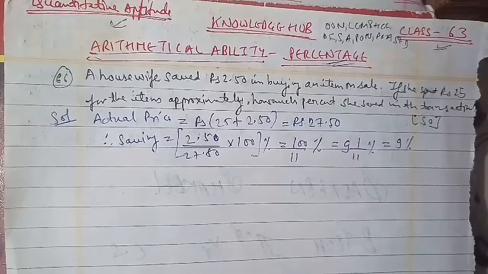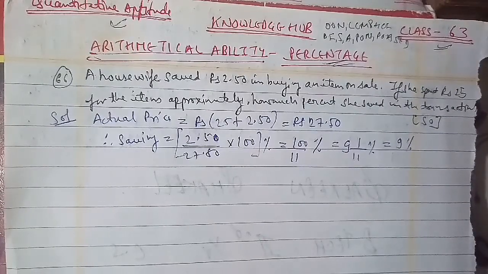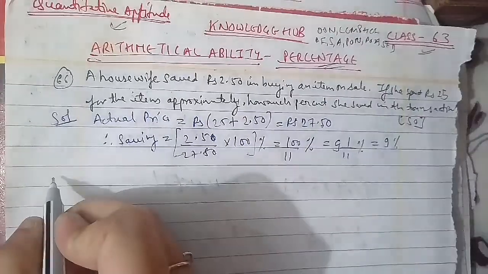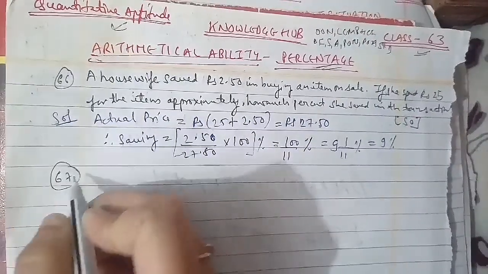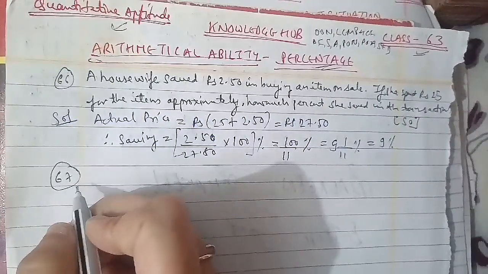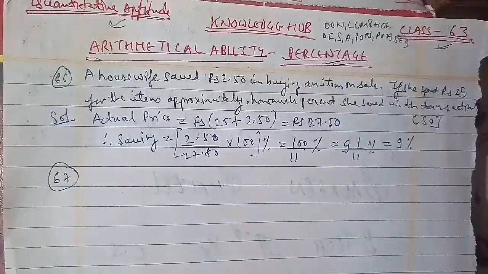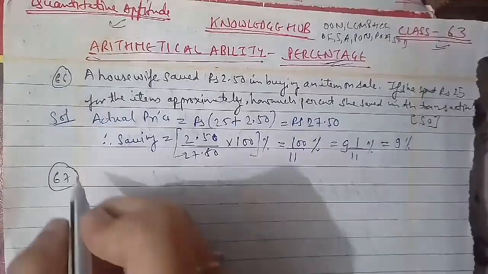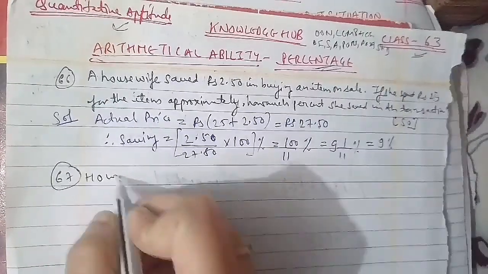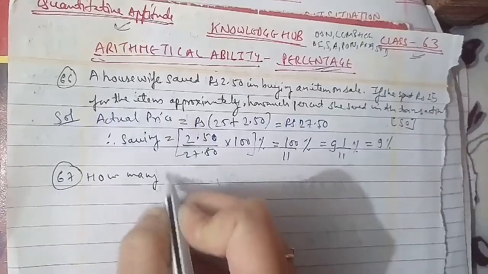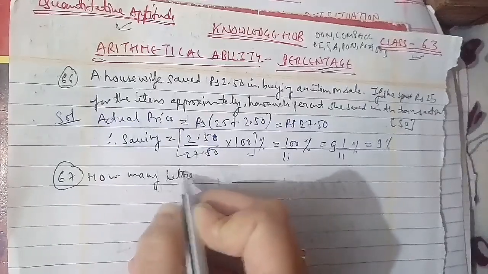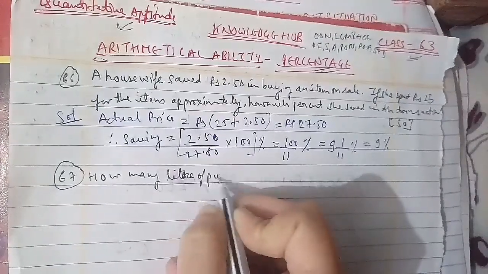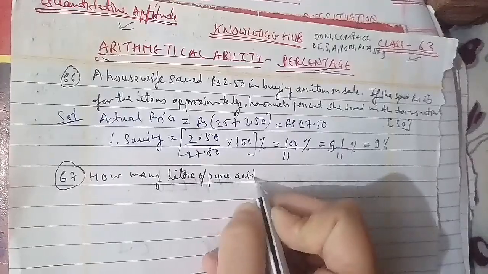The question states: how many liters of pure acid are there in 8 liters of a 20% solution?